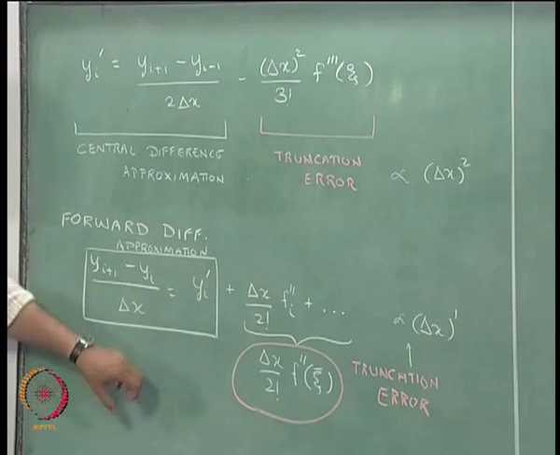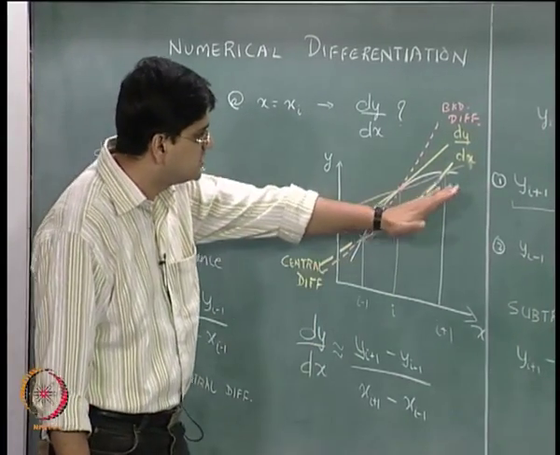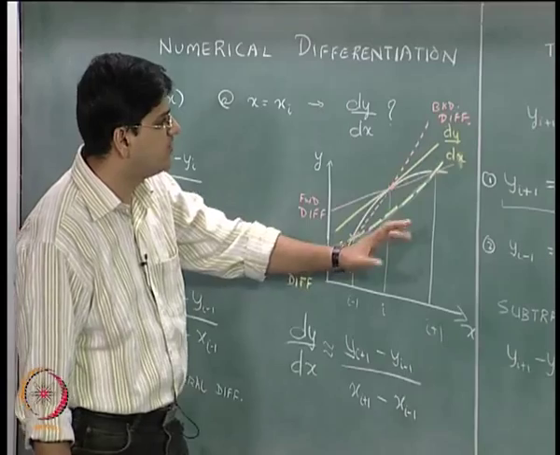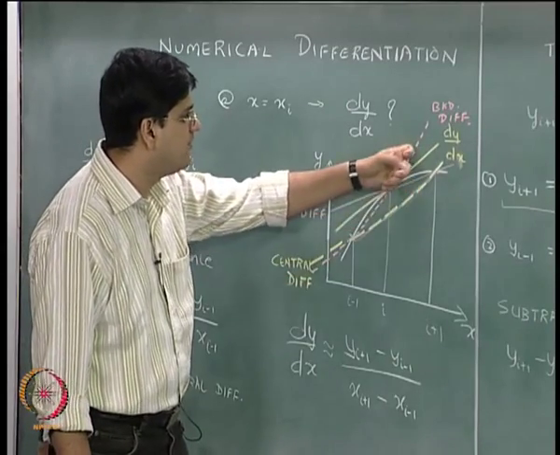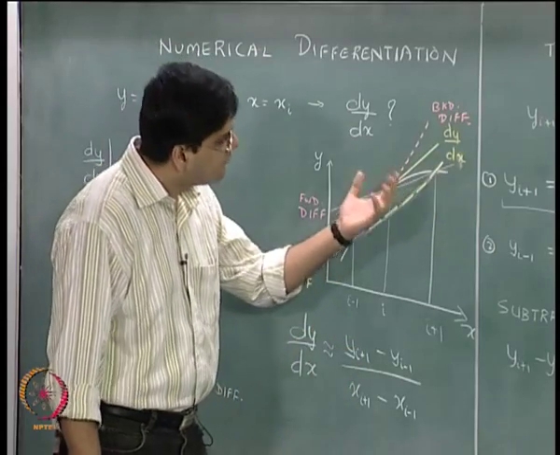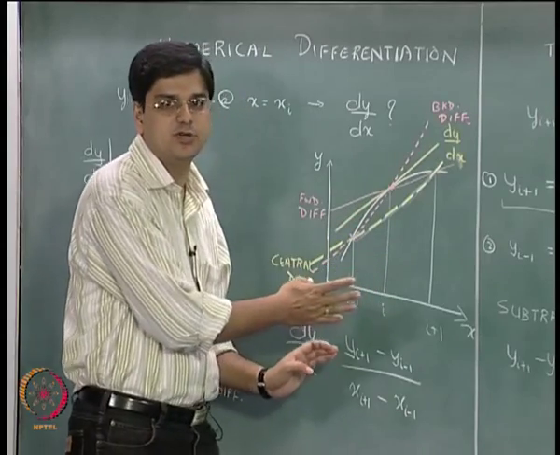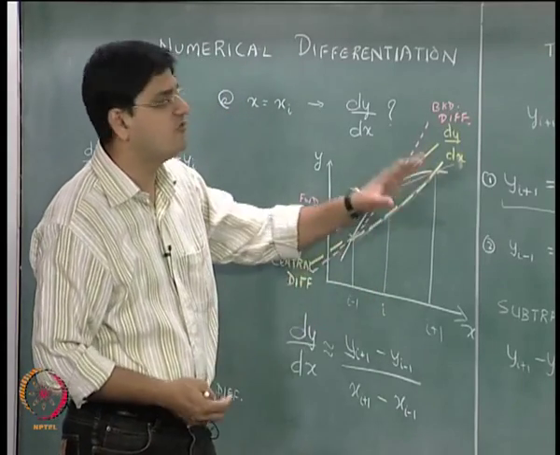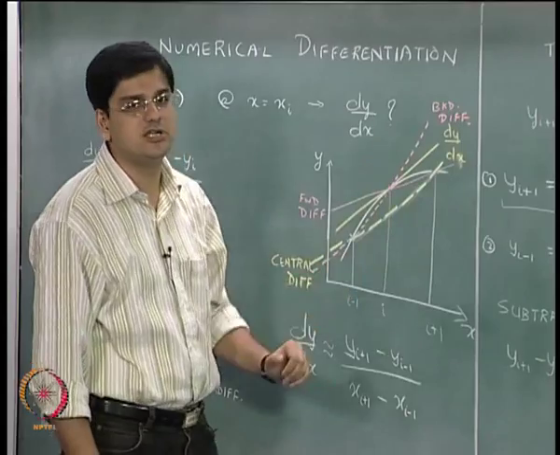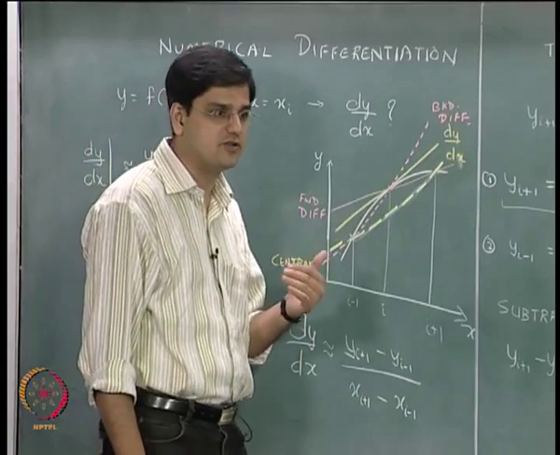Okay, and going back to the geometric interpretation that we had of Newton's forward difference, backward difference and central difference formulae, what we had stated at that time is, from this particular cartoon it looks as if central difference approximation does a better job of approximating the actual derivative numerically compared to the forward difference and the backward difference.